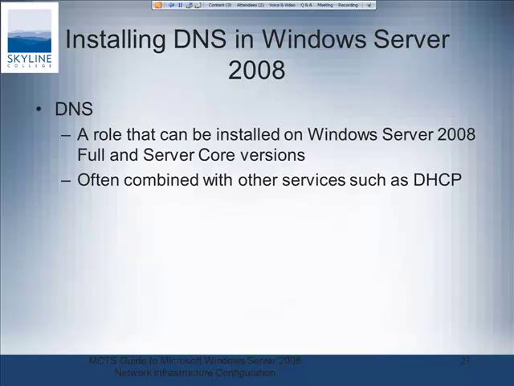Dynamic DNS is often combined with other services such as DHCP, and who reports that information to DNS is a DHCP configuration. If you have older clients, really older clients, we're talking NT4, Windows 98, Windows 95, if anybody still has those, you can tell the DHCP server to report those assignments to DNS so that you get a dynamic update.